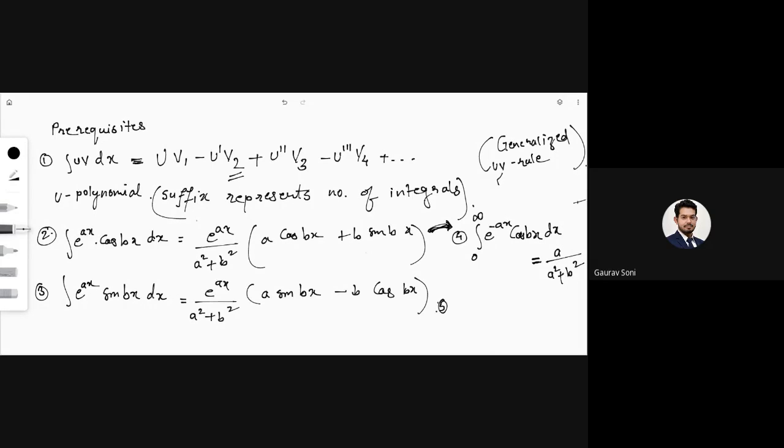And fifth one, 0 to infinity e to the power minus ax sine of bx is equal to b upon a square plus b square. Remember this. Again, this fourth and fifth formula will be useful a lot of times.